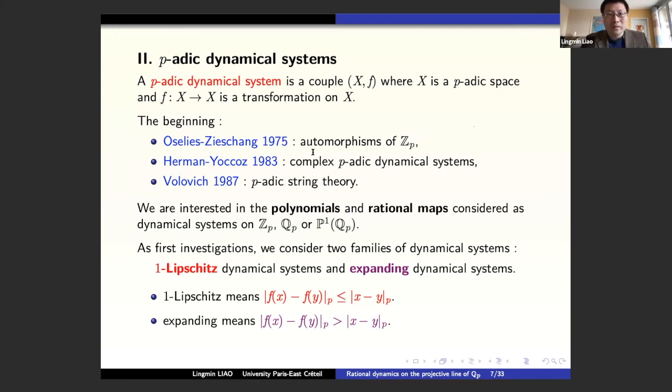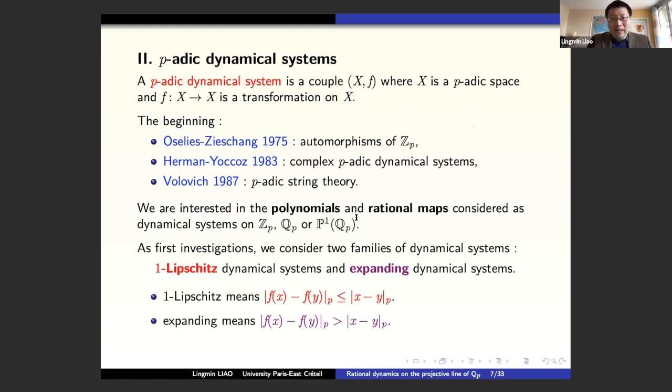In this talk you will see p-adic string theory as well. I think in this conference there are many talks about string theory, but for me, I just want to study polynomials and rational maps, and dynamics on Z_p, Q_p, or the projective line of Q_p.